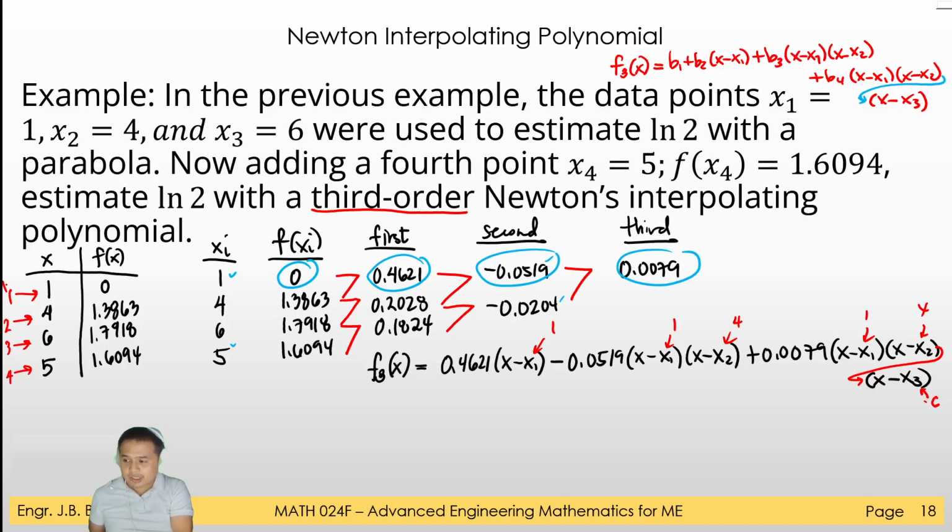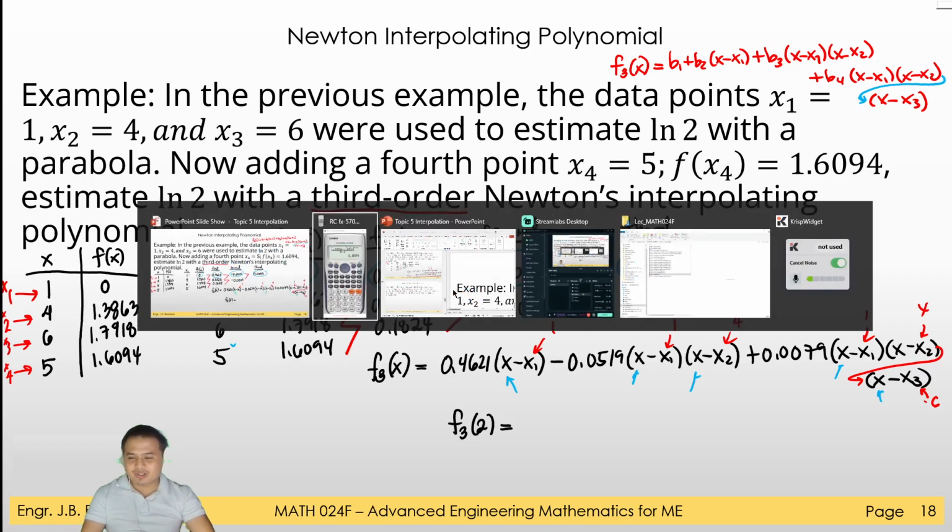So we have x1, x2, x3. So now if you calculate f3 of 2, so basically if you substitute 2 in the x, after substituting everything, then you will have a value of... where's the value? I don't have the value. Okay, we have to do the calculation.